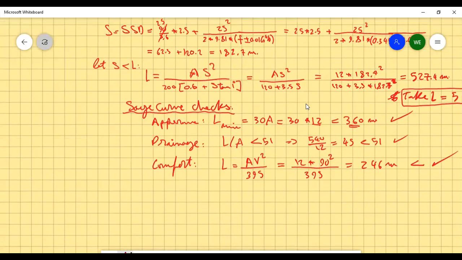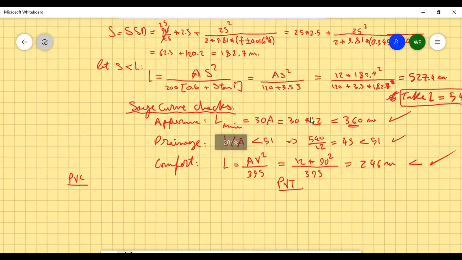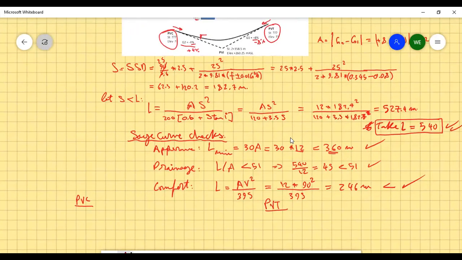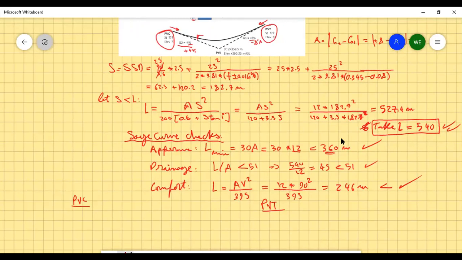So here for the BVC and for the BVT. The station for BVC equals the station for the BVI minus L over 2.